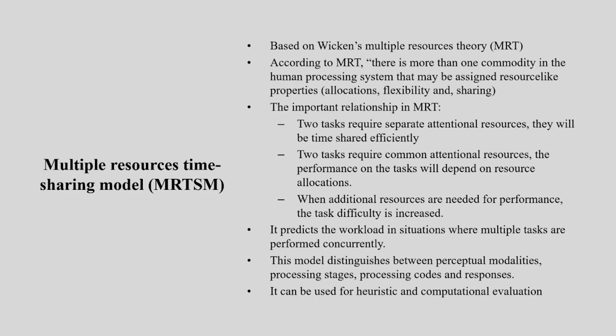Based on whatever resources are allocated by the system, you may decide. Third, when additional resources are needed for the performance, the task difficulty is increased. So we may get this information.